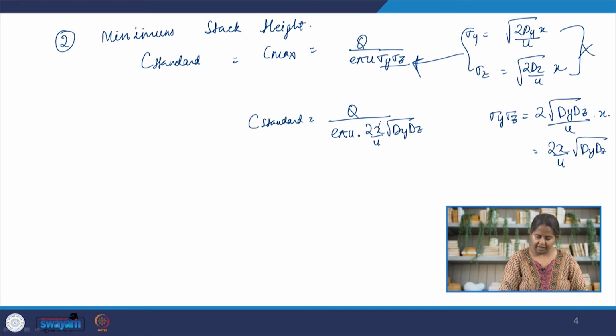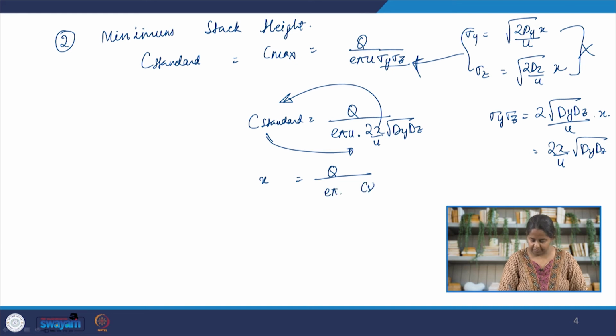So let's take x here and C standard here. We are taking x to the LHS and C standard to the RHS because we know C standard. So x is equal to Q by, u has gone, root 2 dy dz, right.